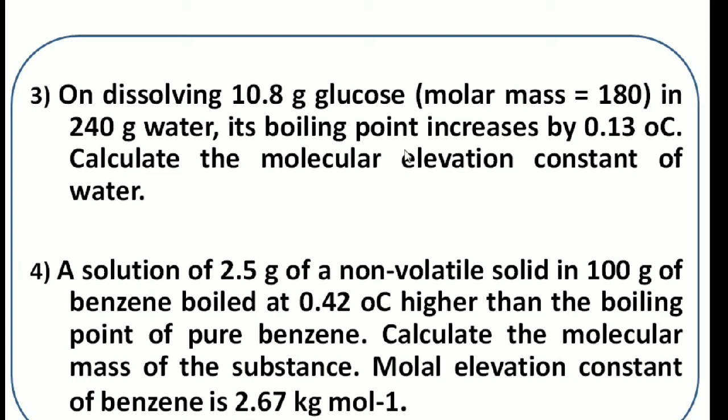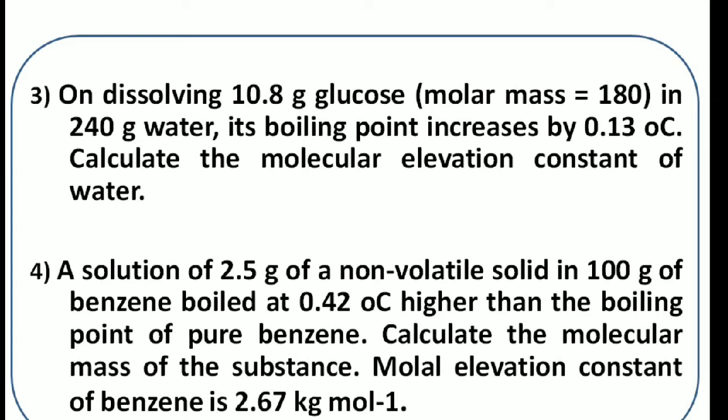So students, in this problem, glucose is our solute whose mass is given as 10.8 grams, and the solvent is water whose mass is given as 240 grams, and the elevation in the boiling point is 0.13 degrees centigrade. Now we can calculate the molecular elevation constant of water, that is k dash.